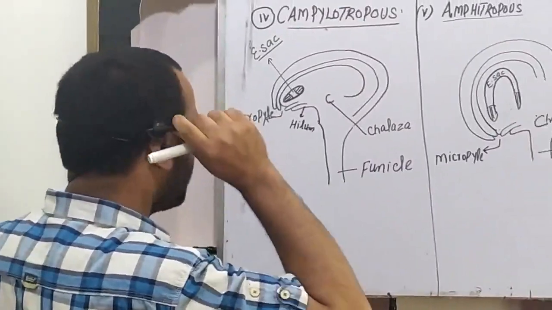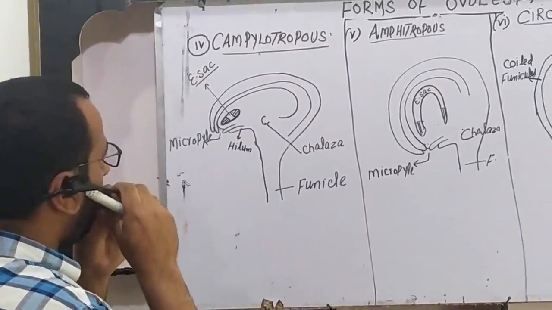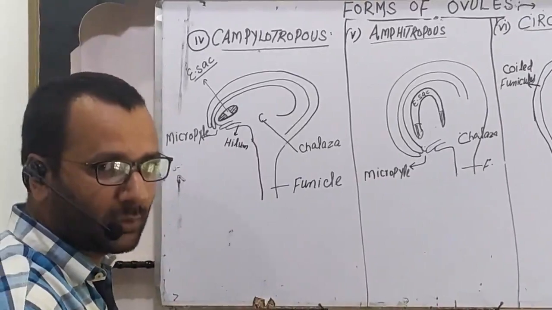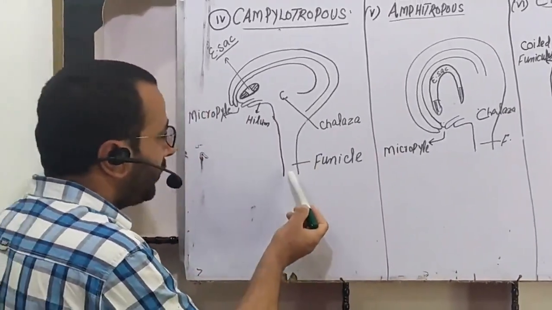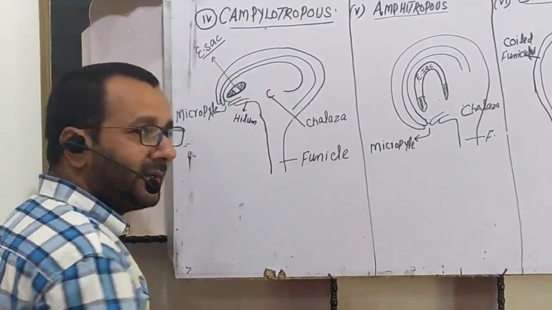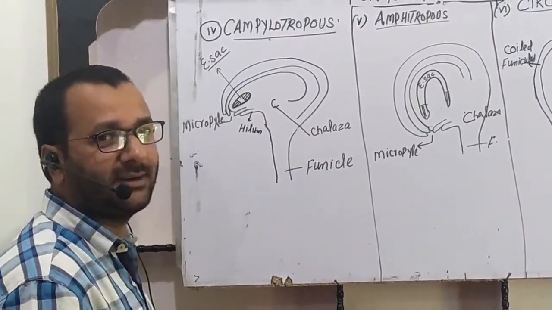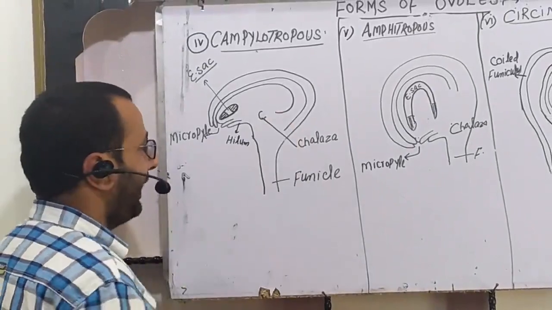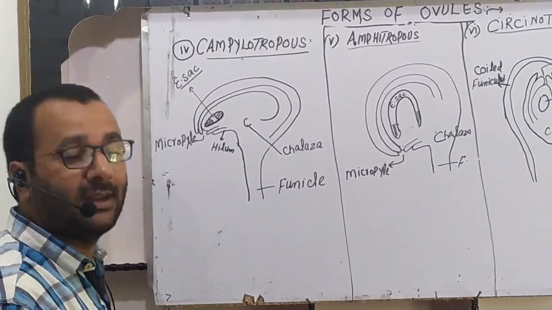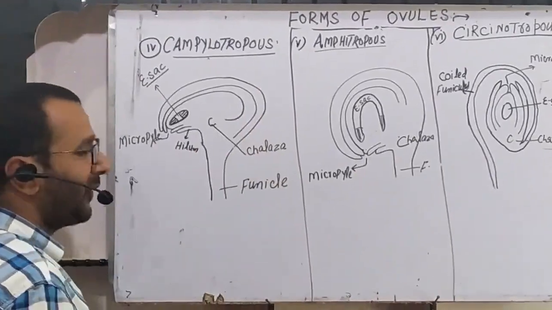Here you can see in campylotropous ovule, the body of the ovule is curved or bent, so that the funiculus lies close to 90 degrees, not exact 90 degrees, which means that it may lie at 89 degrees, 88 degrees, or even 91 degrees, 92 degrees with the body of an ovule.